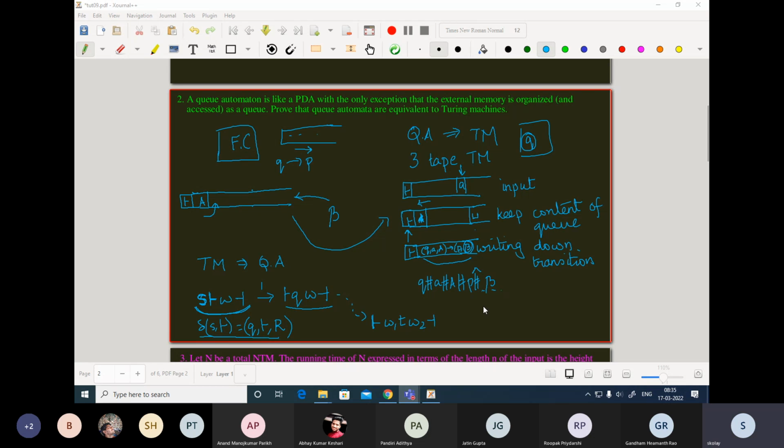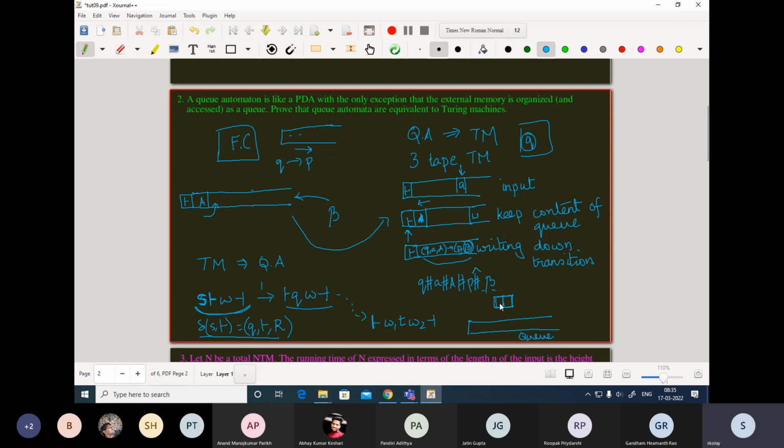Okay, so let me give you a gist and then you can work out the details. The basic idea is in my finite control. I will try to think of this as my Q. And I will have two positions which I am remembering in my finite control in the following way.